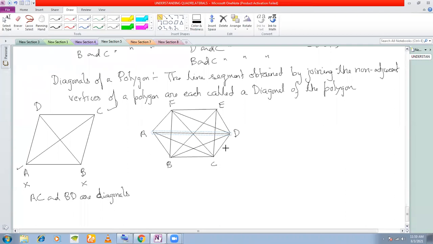A and E, you'll get another one. So these are the diagonals. How many diagonals? We can count, but there is a formula for counting the number of diagonals. First, let us write down AD, AC, AE, BE, BF, BD, and so on are the diagonals.